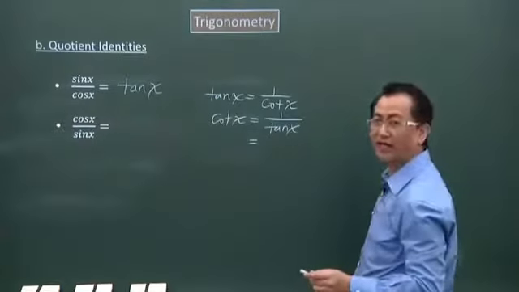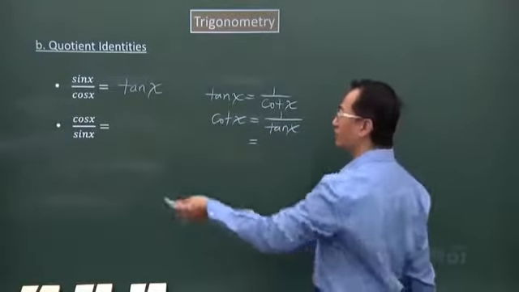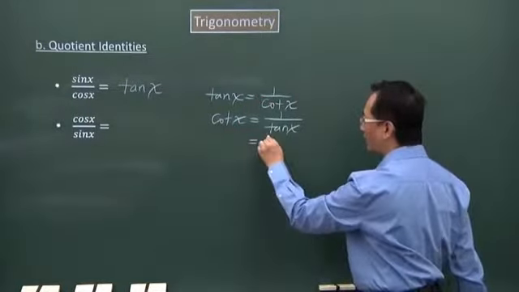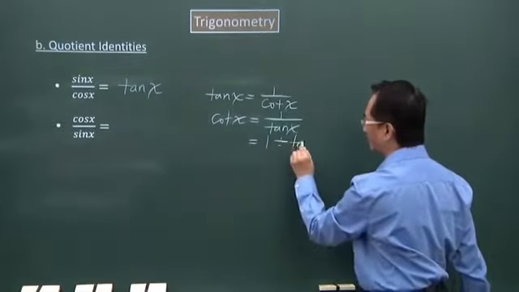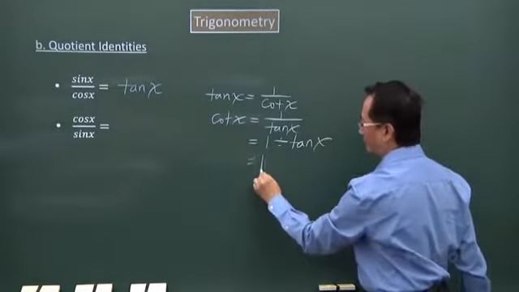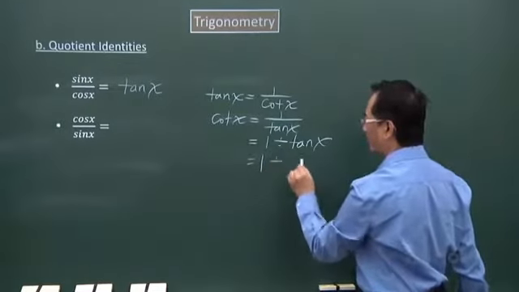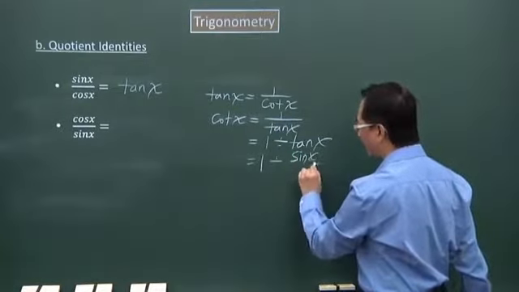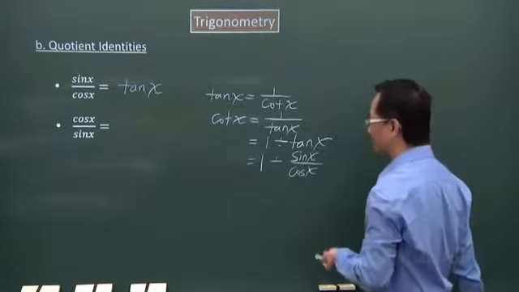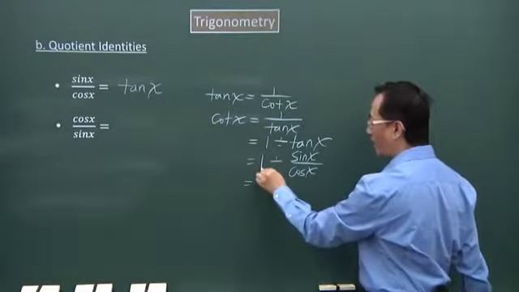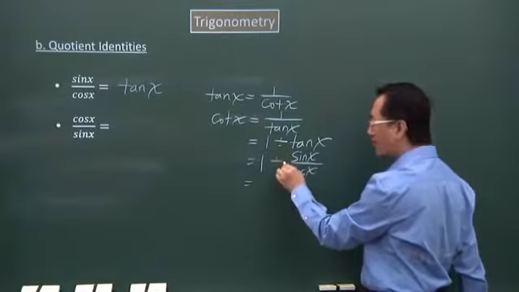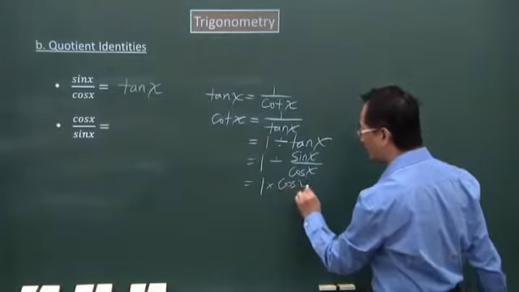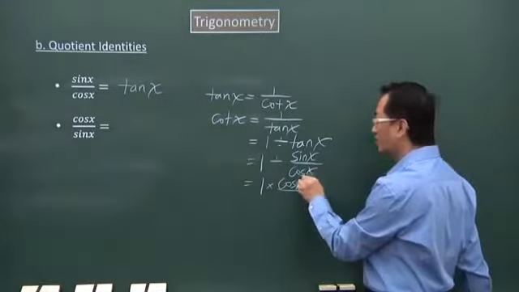According to what we have there, tangent x gives you sine x over cos x. So what I have here, the tangent x now is replaced by sine x over cos x. 1, if I change this divide to times, then this will be inverted to give you cosine x over sine x.